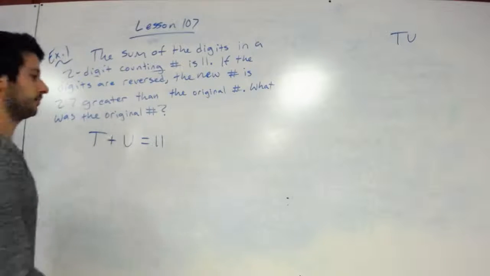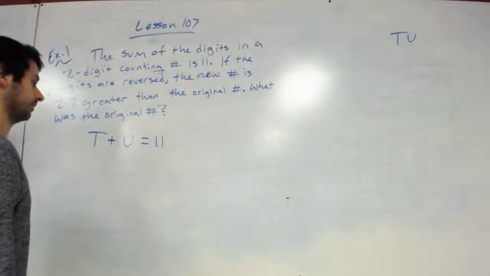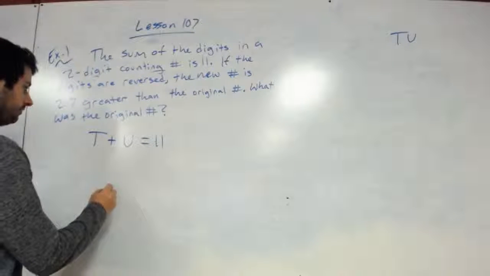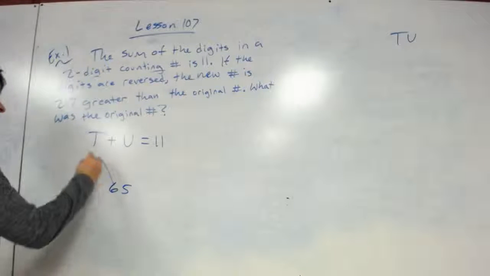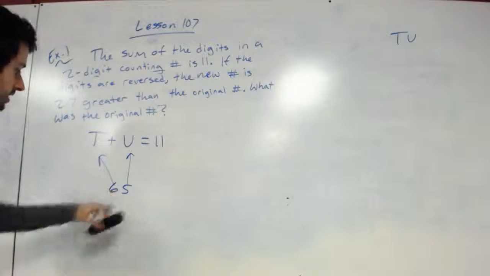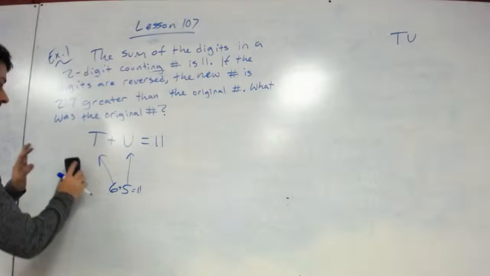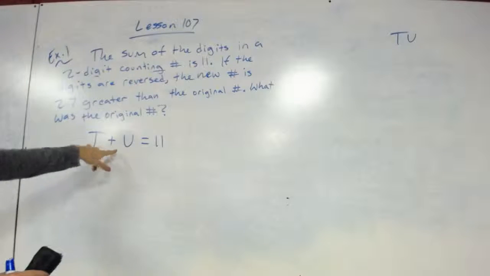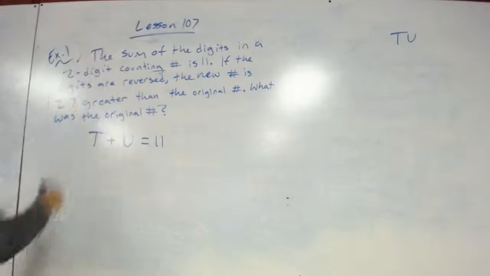Say my number is 65, that could be a number. Well, my tens would be 6, my 5 would be my units number, so 6 plus 5 equals 11. That's what it's trying to get at. But right now we know the sum of the digits in the two-digit number is 11. So now we've done that sentence, check mark there.